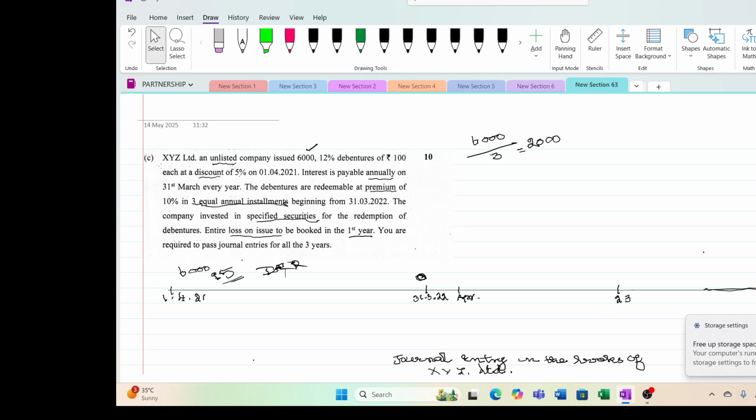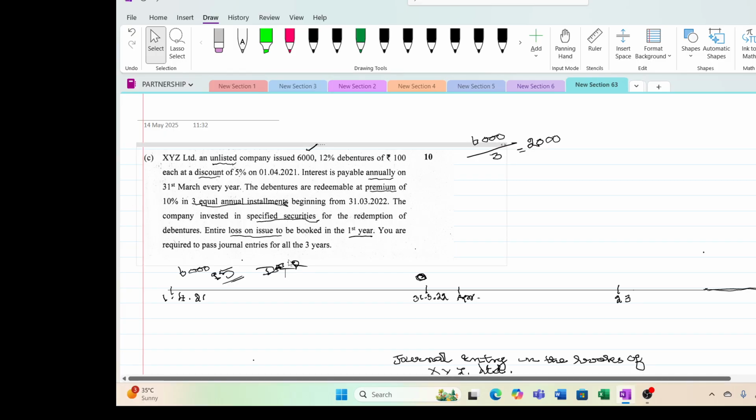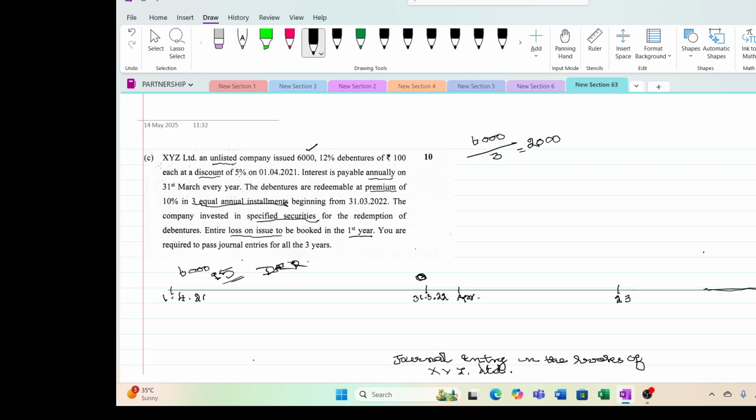So you have to create debenture redemption reserve 10% on the outstanding in the first year. How much is the outstanding amount? You have to create 10% of 6,000 debentures at the rate of 100 rupees. Okay, so we have to create 60,000 debenture redemption reserve. This will be created out of statement of profit or loss account.